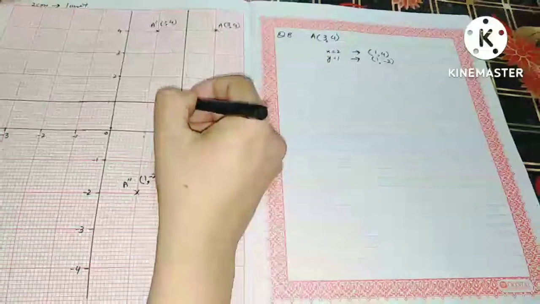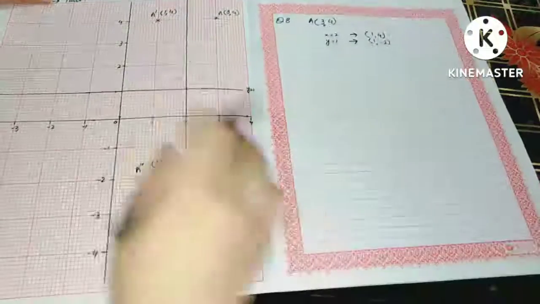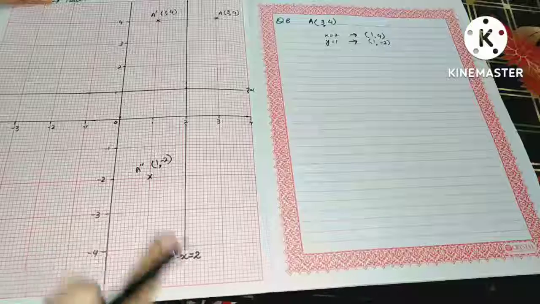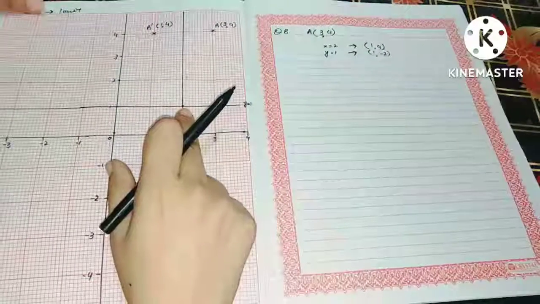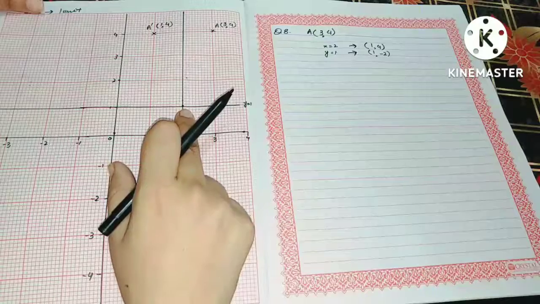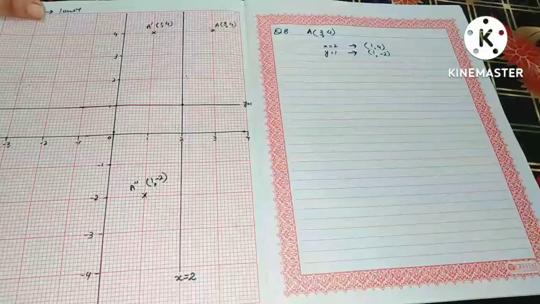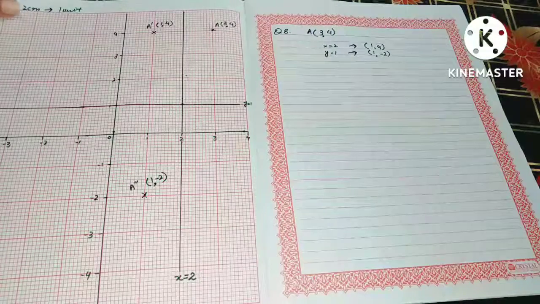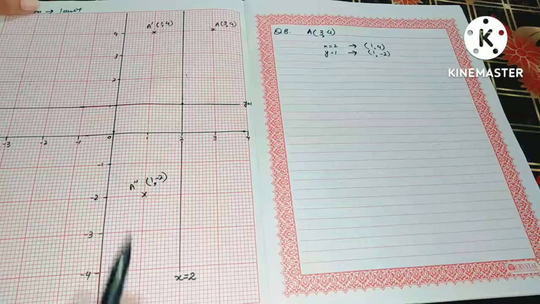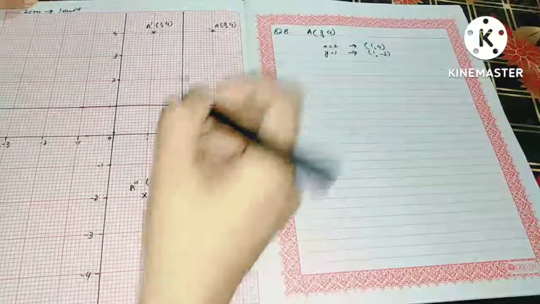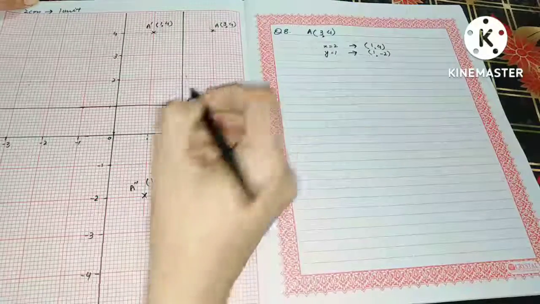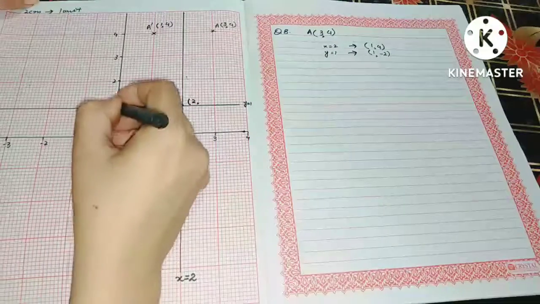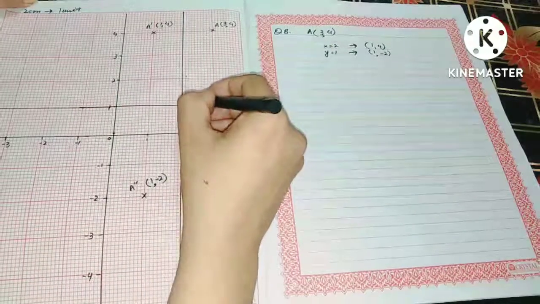So here you can see that this is the line x is equal to 2 and this is the line y is equal to 1. This is the point where the two lines are intersecting, and where the point is invariant, which cannot be reflected. So the coordinates are: x is 2 and y is 1.